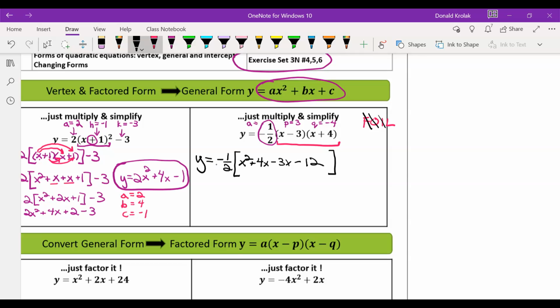Okay, then I got a couple of like terms. I combine those guys. So that's plus x minus 12. And now I'm going to distribute the 1/2 through. Everything gets multiplied by negative 1/2. Half of 12 is 6.